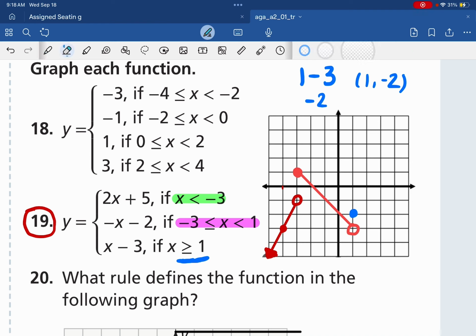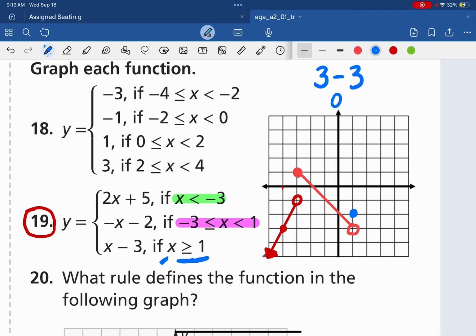And next, I'm just going to pick a random point that is greater than 1. I've already used 1, so let me just find a point that's greater than 1. So I'll choose 3, just for the fun of it. 3 minus 3 is 0.